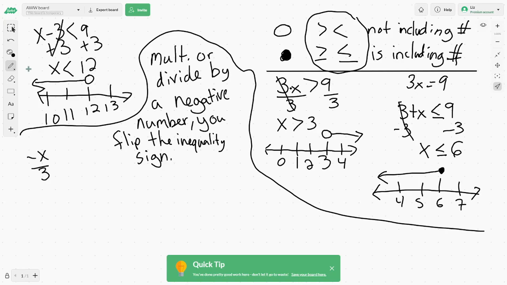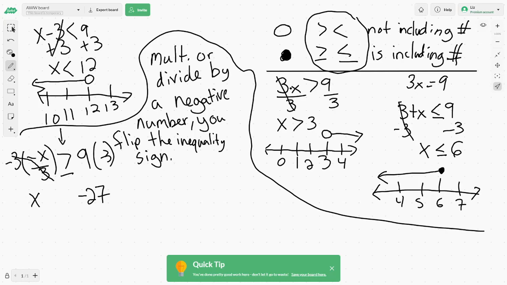I have negative x divided by 3 is greater than or equal to 9. If I multiply this by a negative 3, I'm going to get rid of this negative and this 3, and I'm left with x. And over here, I'm left with negative 27.